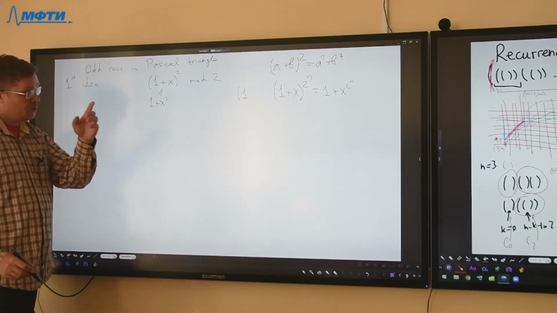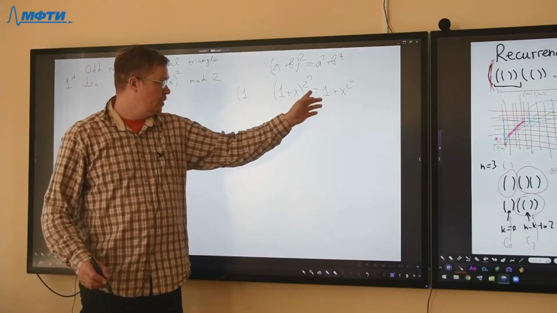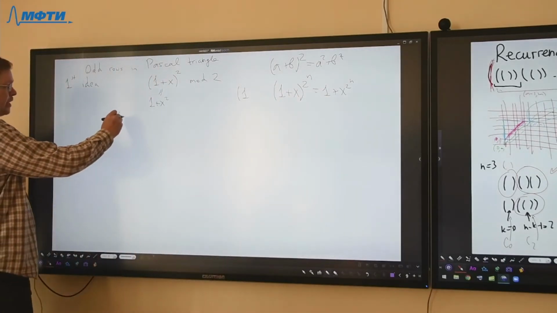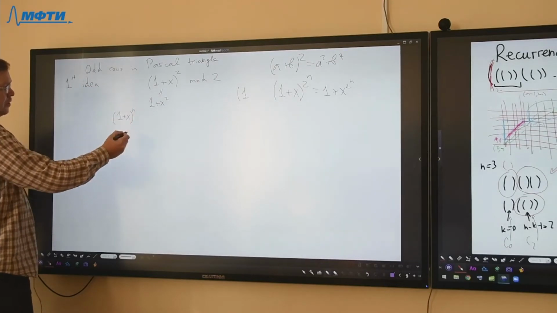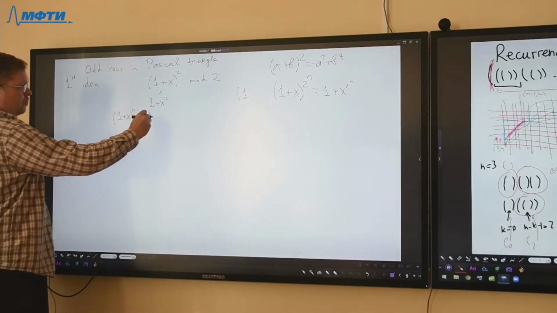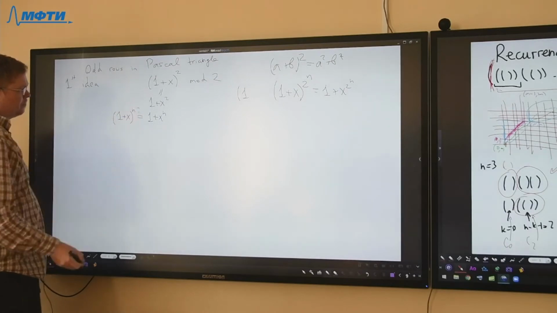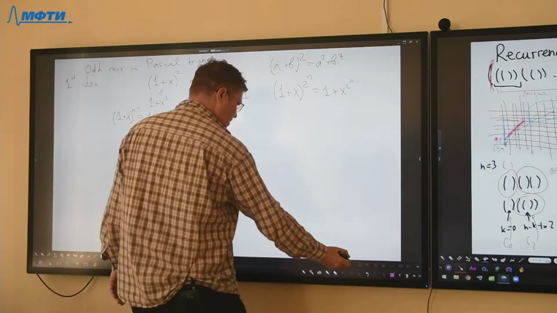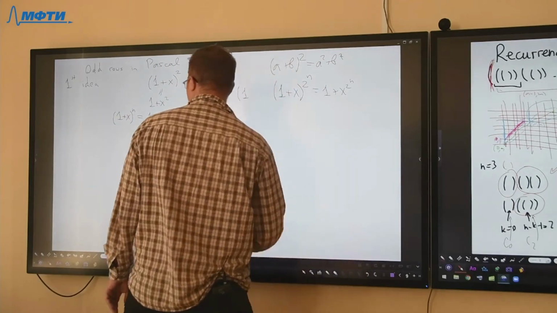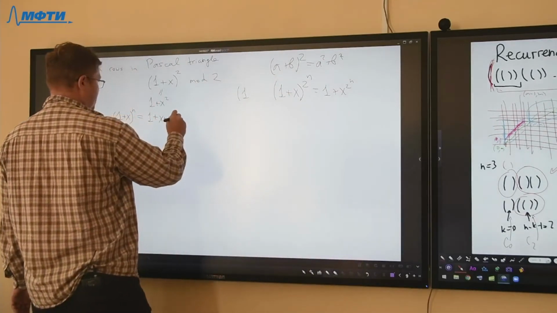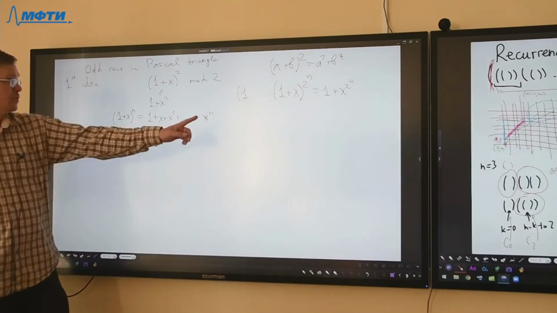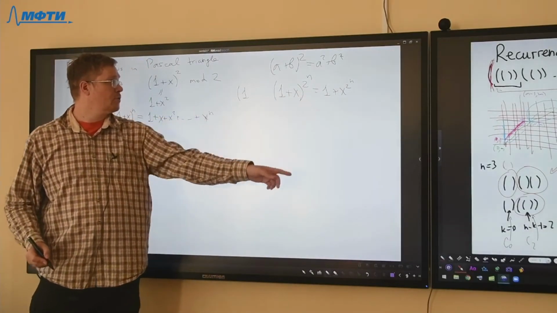And if you know this equality, then you can expand (1 + x)^n and find when this is true. I think you can use this equality to prove it.